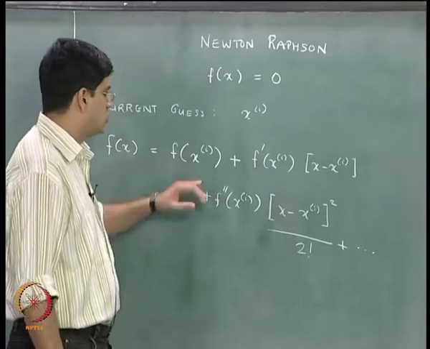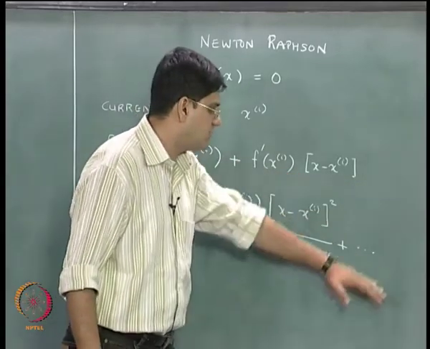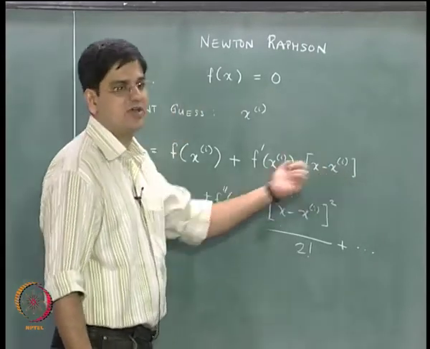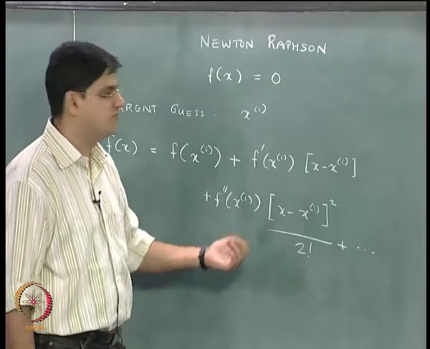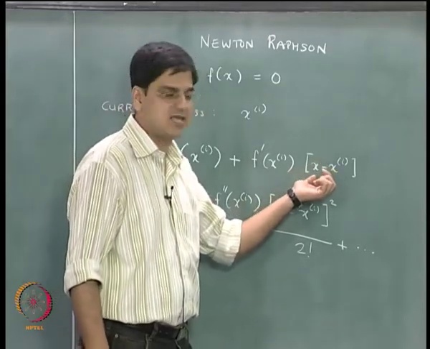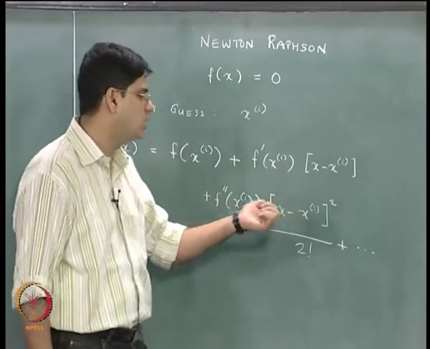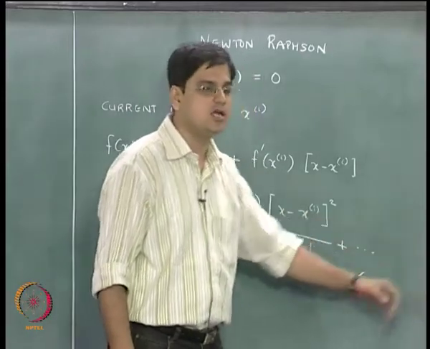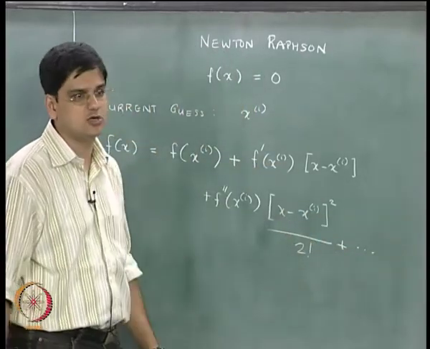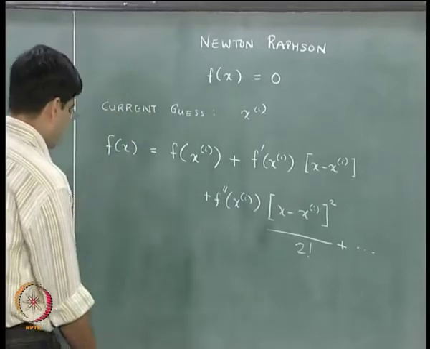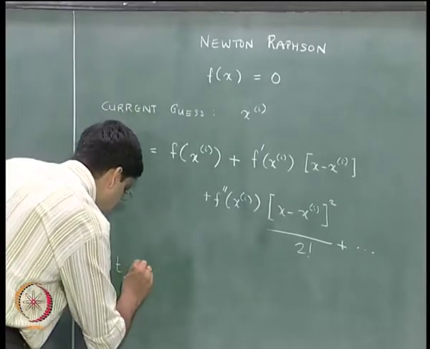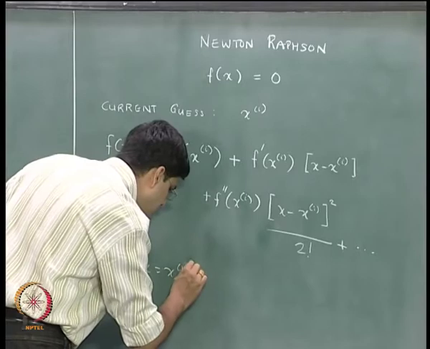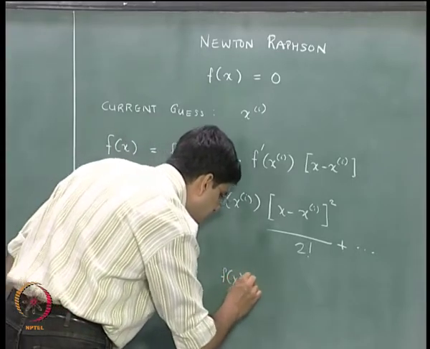Let us say that our xi is very close to the true solution x. If it is very close to the true solution x, then this error x minus xi is very small. If that error is very small, we can then neglect the higher order terms compared to the first order and the 0th order term. So we will say that at x equal to xi plus 1, f of x equal to 0.